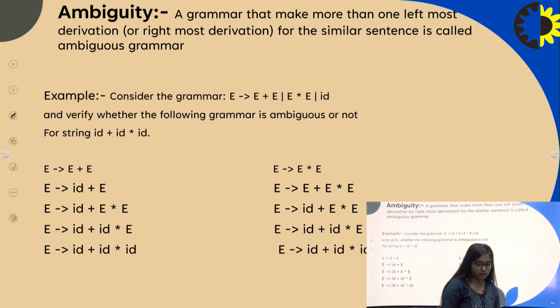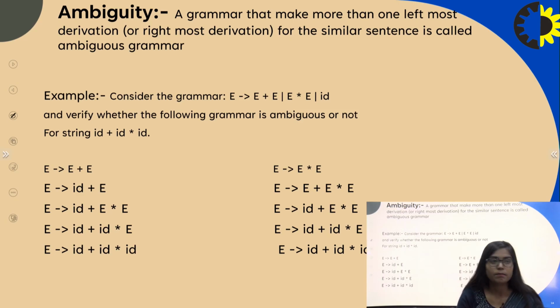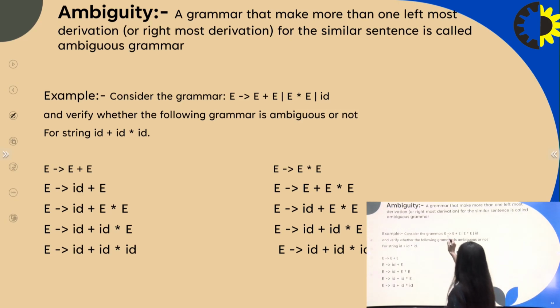Ambiguity. A grammar that makes more than one leftmost derivation or rightmost derivation for the same sentence is called ambiguous grammar. So the example is E produce E plus E, E into E, and ID.